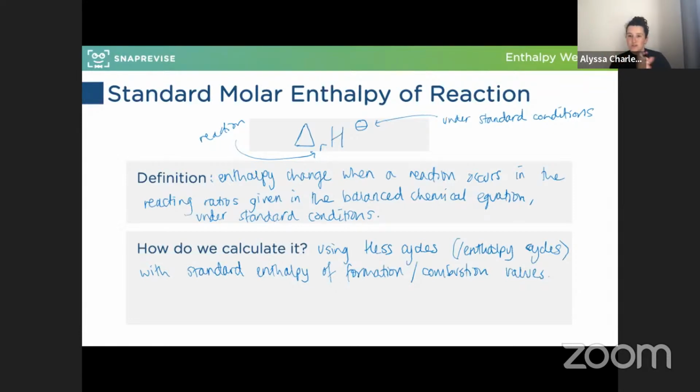This is very difficult to work out exactly what the energy change is from a set of reactants to a set of products. But if we can go via combustion data or via formation data, it can make it a lot easier. Or there are some that we can do using calorimetry.